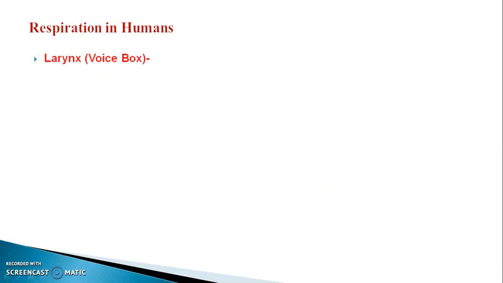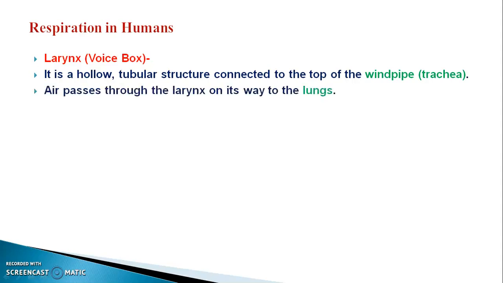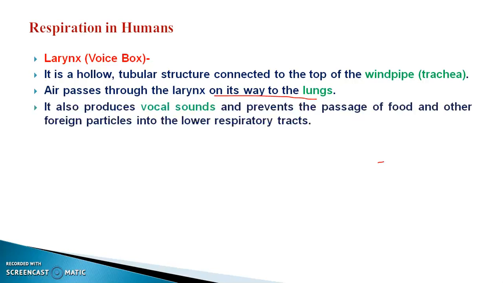Now move to the next part, the larynx. This is also known as the voice box. The larynx is a hollow tube-like structure which is connected to the trachea on one side and the pharynx on the other side. So this is a narrow tube connecting the pharynx and the trachea. The air that passes through the larynx moves on to the lungs.